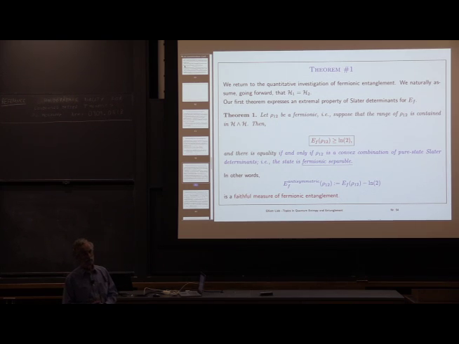So I'm not exactly sure. The Bell pairs are defined, of course, for C2, and this is not for C2. So I'm not completely sure. So let me bow out, because I'm not completely sure what the answer to your question is. But it's a good question. Stay with it. Okay. Any more?